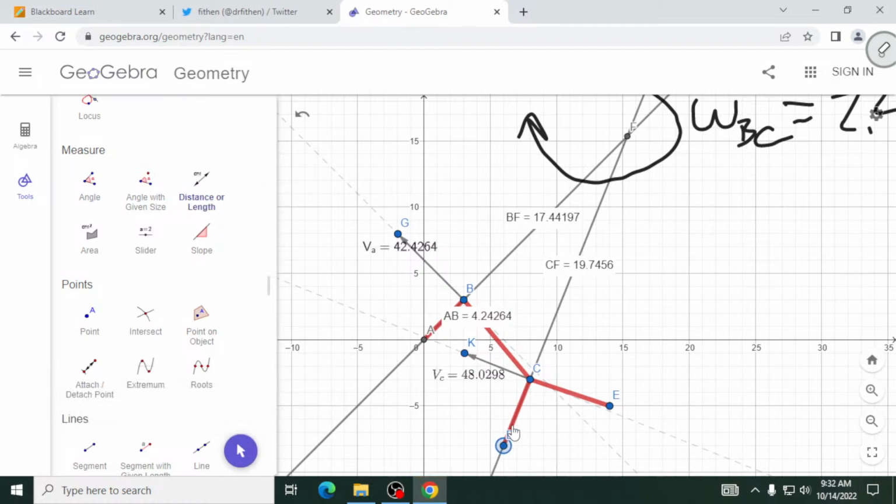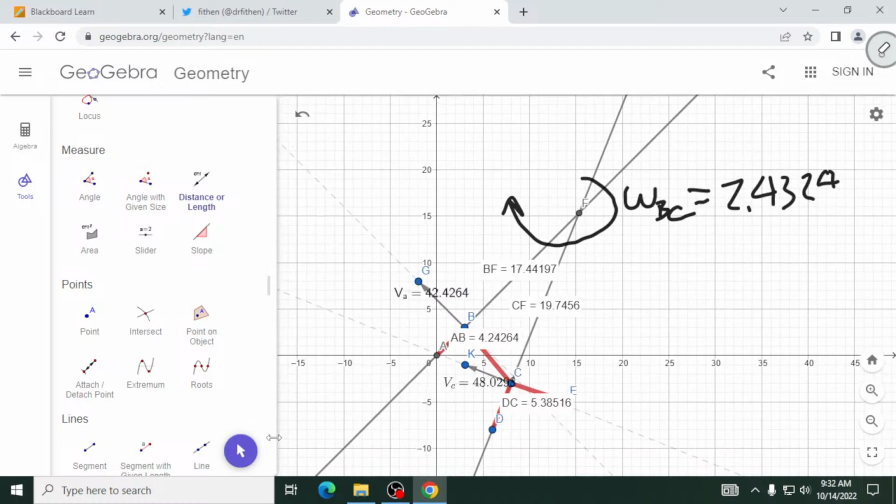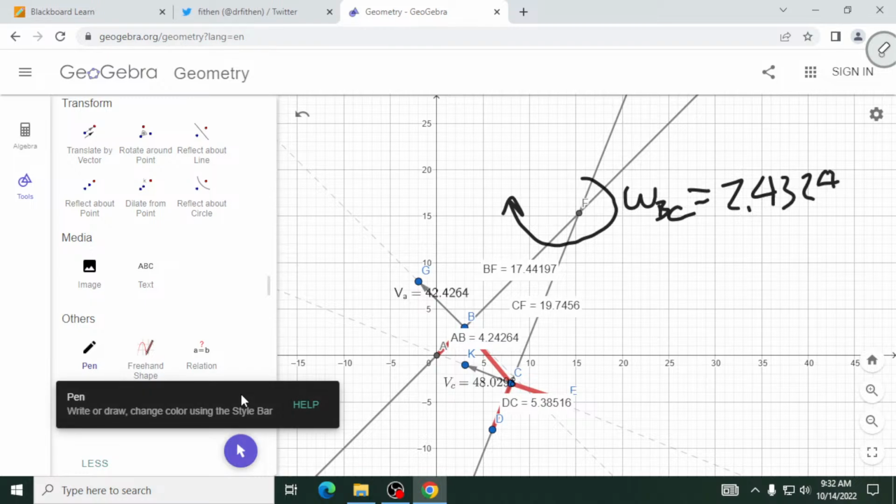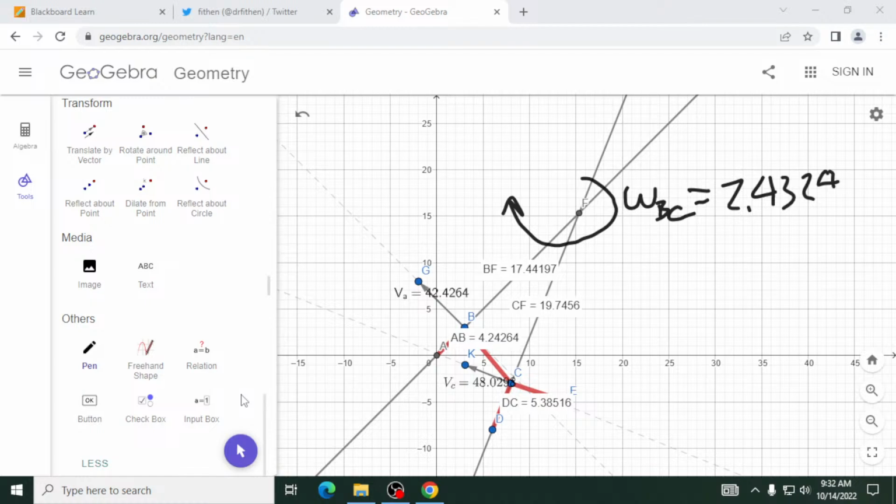The distance from D to C. Okay, it's 5.38 and change there. So that means this thing, and let me see if I can find that freehand drawing tool again. Okay, pen. Okay. So now that means this, oops, I got to get rid of that.